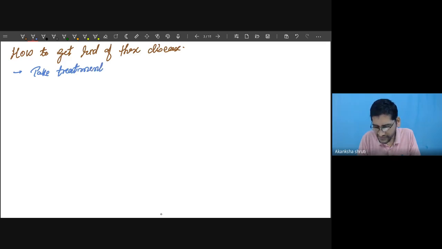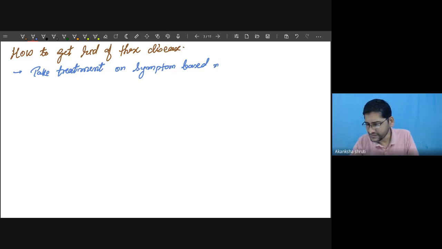This treatment starts after knowing the symptoms. So take treatment on symptom basis, means taking symptom-based medicines.